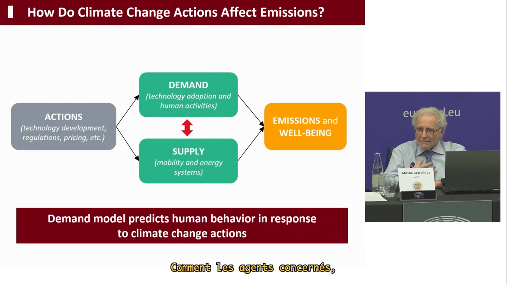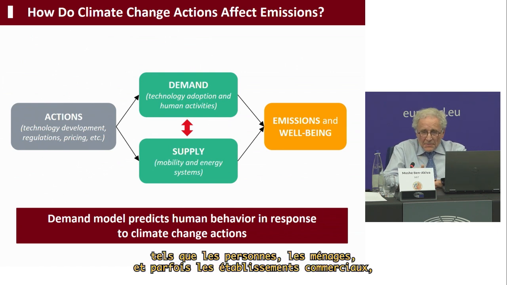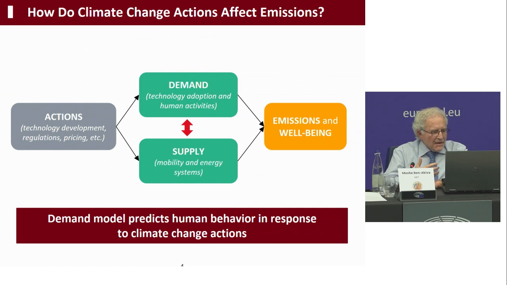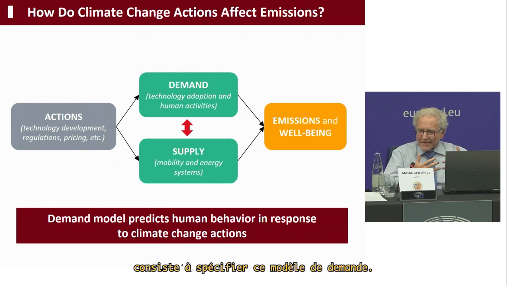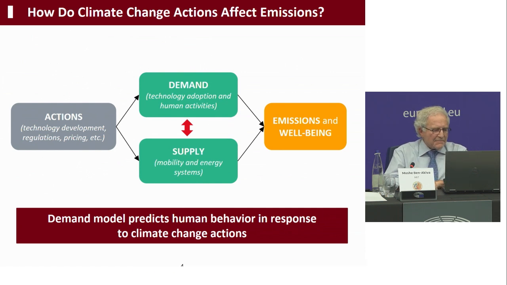How do the agents that are relevant, people, households, sometimes business establishments, how do they respond to these actions? And so the modeling or the study of behavior that we are engaged in is in specifying this demand model.